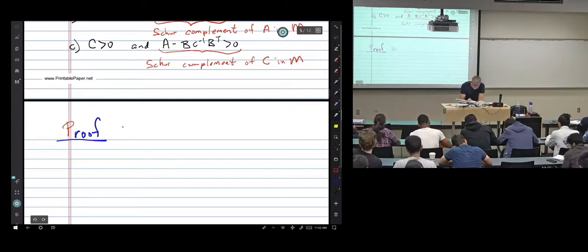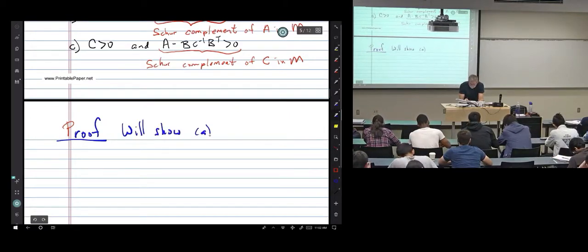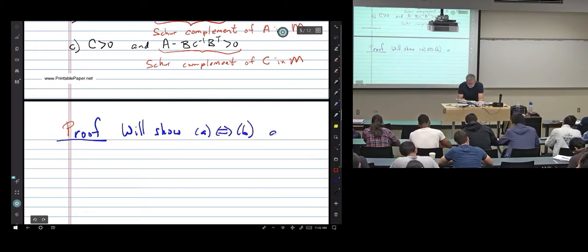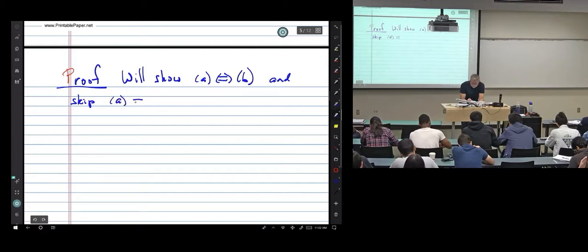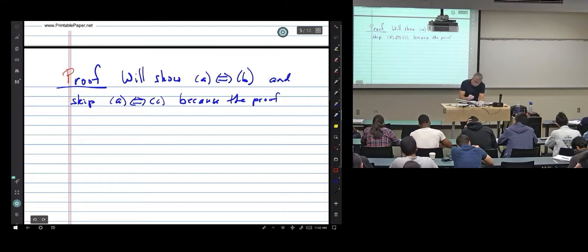So we'll show A if and only if B, and skip A if and only if C, because the proof is exactly the same. Well, almost, okay? You gotta change the names to protect the innocent, because the proof is nearly identical. You just change a few symbols.